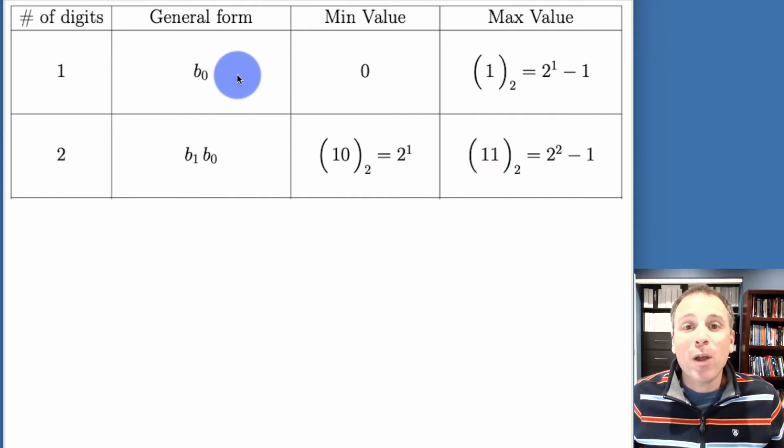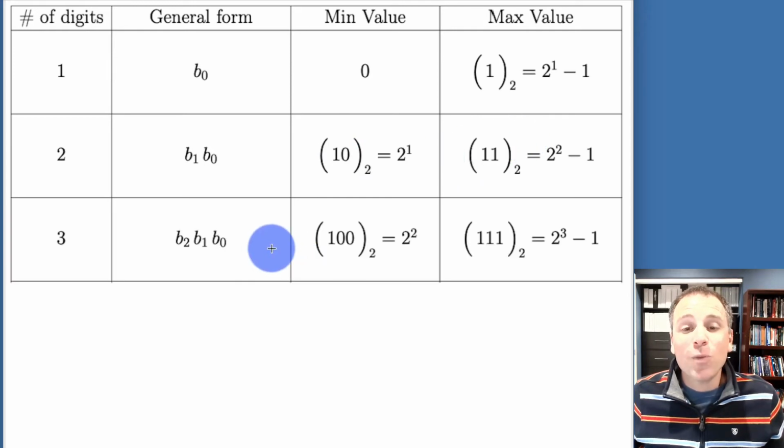So from that standpoint, we say that 1 bit encapsulates the numbers 0 and 1. 2 bits starts at 2, goes up to 3. How about 3 bits? Well, 3 bits, we would say that the first number that really can be represented using 3 bits, or the minimum value in that encoding, would be 1, 0, 0. If I was anything less than 1, 0, 0, I wouldn't need 3 bits. I could do it in 2 bits.